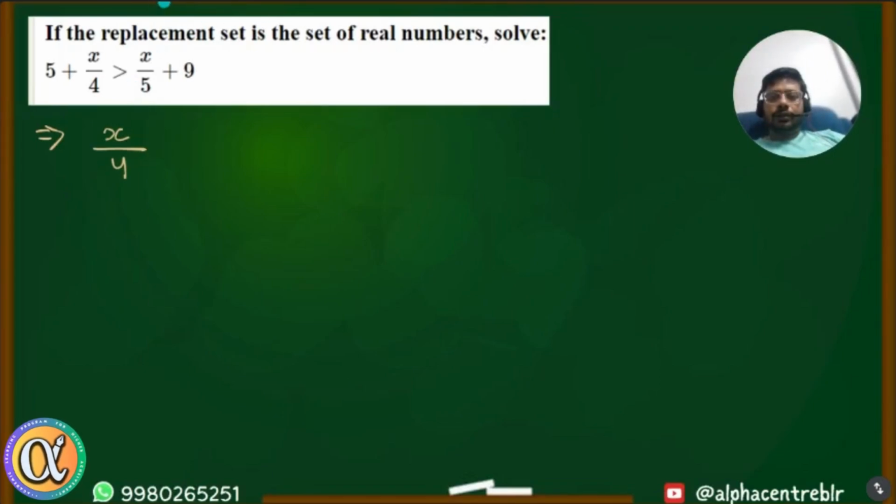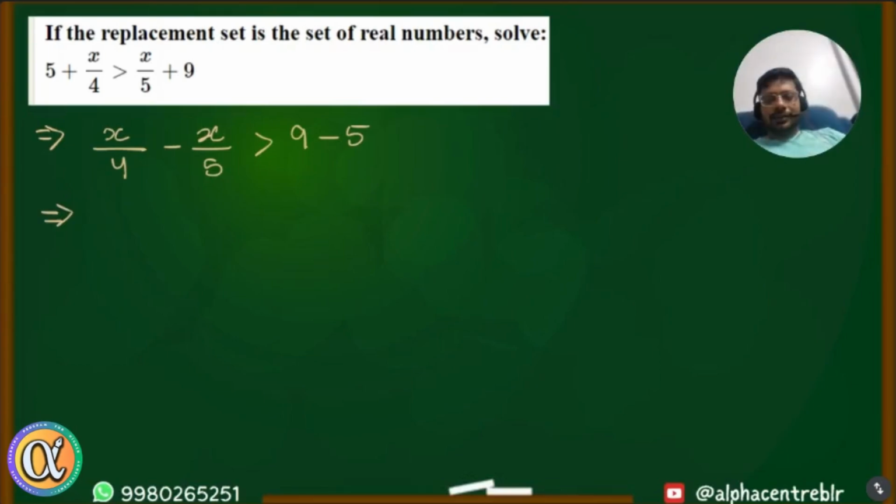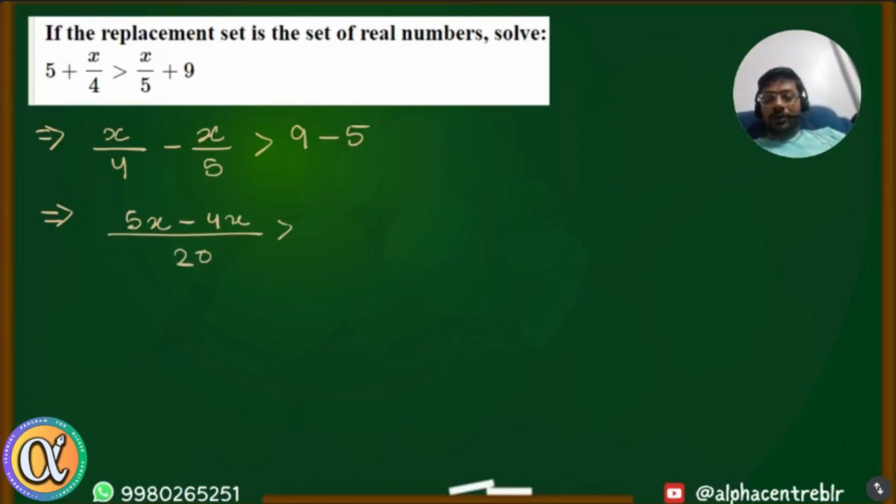I took the 5 to the other side and brought the x upon 5 to this side, so I got less than. Oh, I wrote the question wrong. Okay, so here after that we take the LCM. 5x minus 4x divided by 20 is greater than 4.